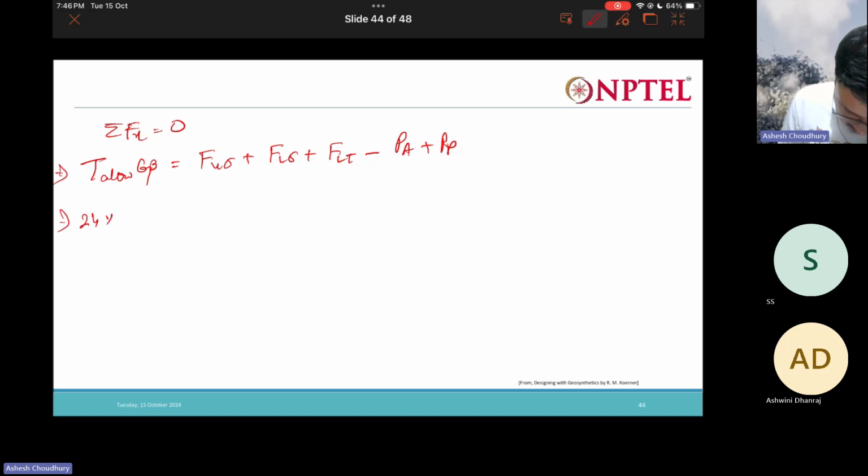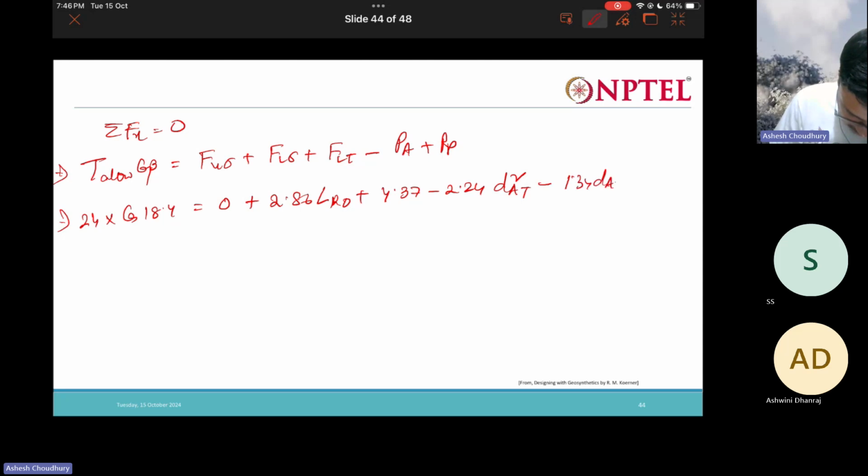We put all the values. This is 4.37 only, I think.